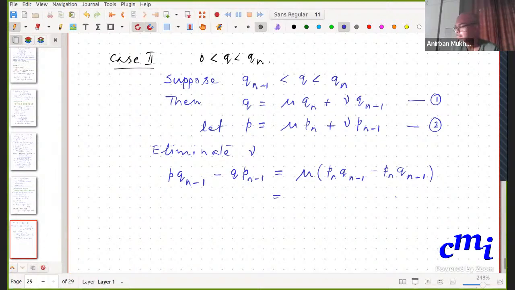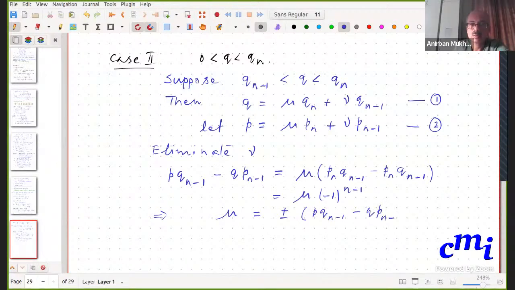It is just plus minus 1, actually minus 1 to the n minus 1. So mu is plus minus p q n minus 1 minus q p n minus 1. So one thing is clear, that mu is an integer.